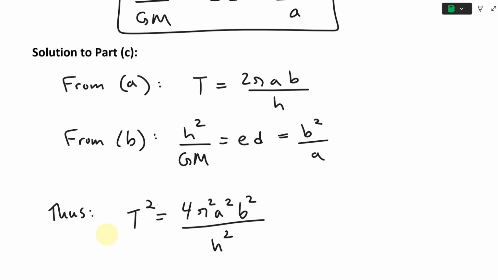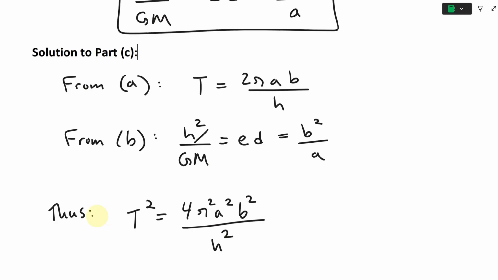Look what we have: A B squared over H squared there. What that means is we take this H squared, move it to the bottom, and move the A over to the top.